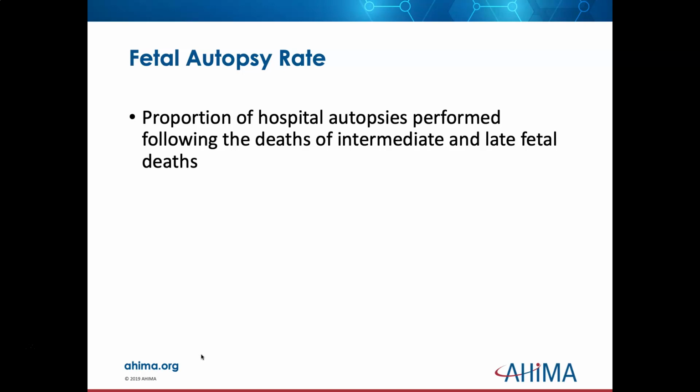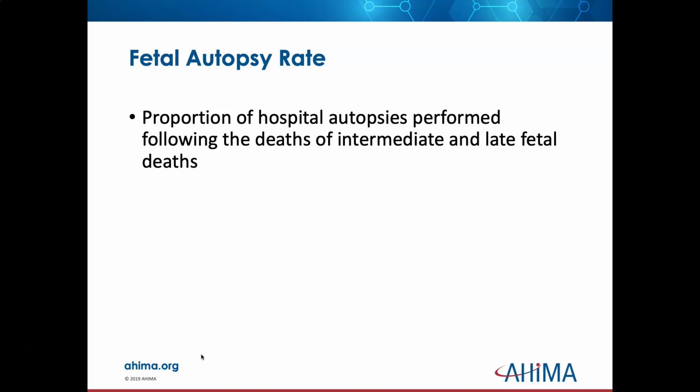Sometimes physicians, sometimes parents want to understand. It's not clear why a child died, why there was a stillbirth, especially when you're talking about intermediate and late fetal deaths. And so they'll do an autopsy for that. Other times, unfortunately, it's all too evident, for instance, if there's a cord around the neck, those types of things.